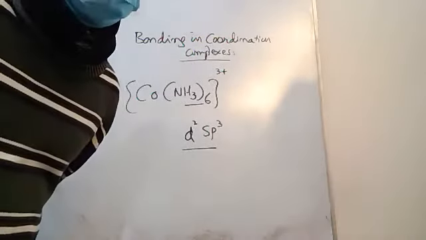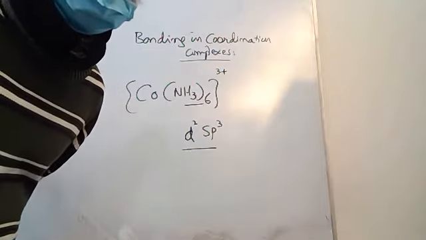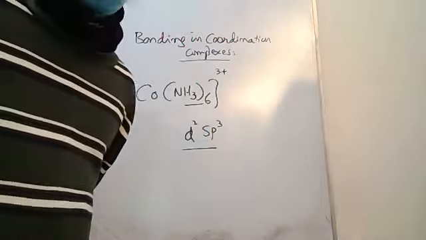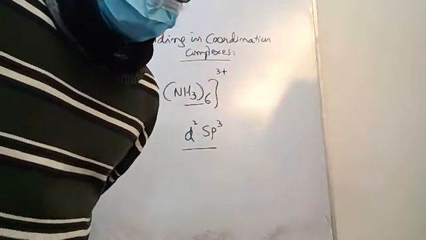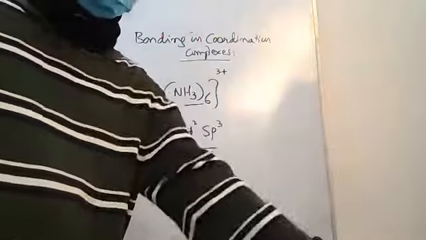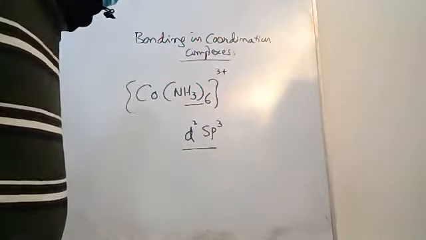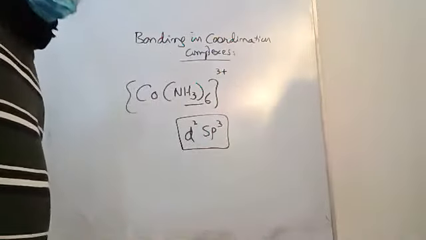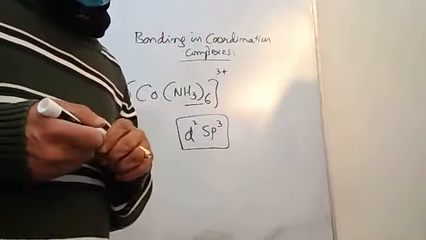So you have a d2sp3 type of hybridization, and that hybridization gives you the hybrid orbitals located along the octahedral directions, and the ligands will donate electrons to these hybrid orbitals. So Linus Pauling was able to describe the chemical bonding simply as hybridization.